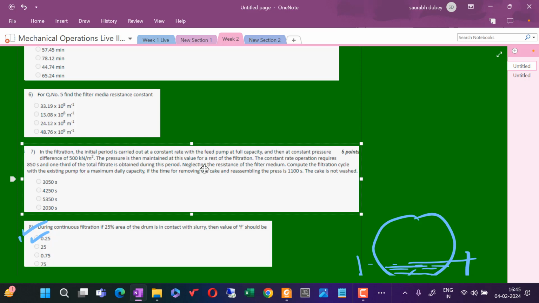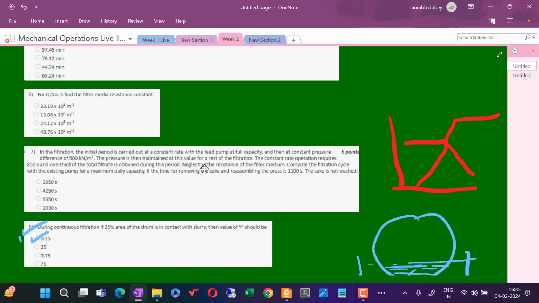Like this diagram, first it is run at constant rate, then gradually the rate is decreasing, and then it is run at constant pressure. So the pressure is then maintained at the value for the rest of the filtration.